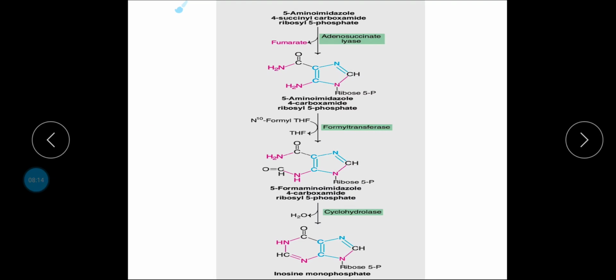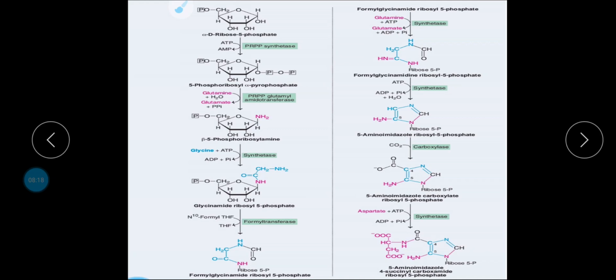You may feel this cycle difficult to remember. So for that purpose you must know what is actually happening during the synthesis of inosine monophosphate. You can see here in the first step there is only the activation.